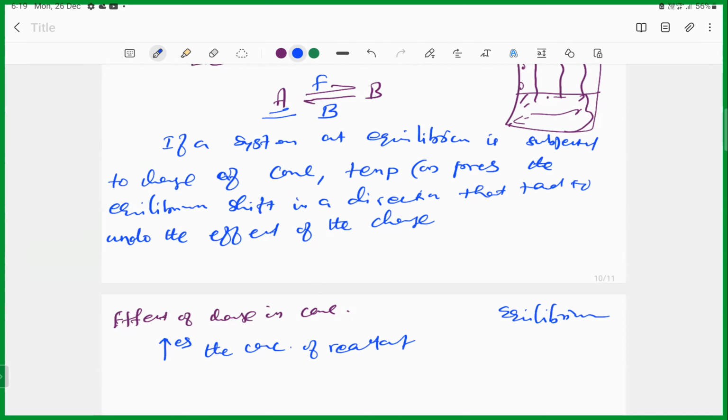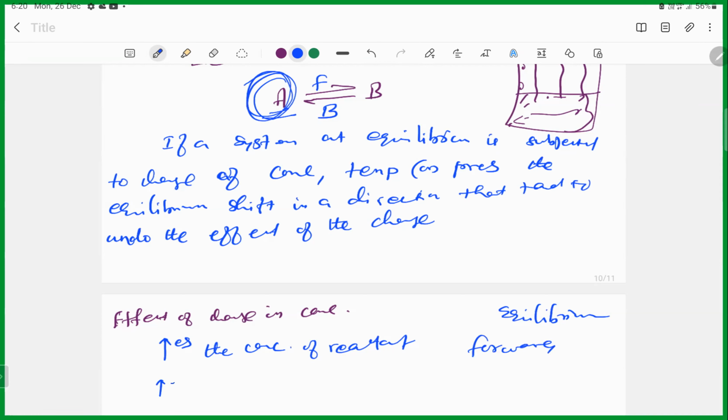Yes, sir, forward. So it undergoes the forward reaction, because of the change you make.